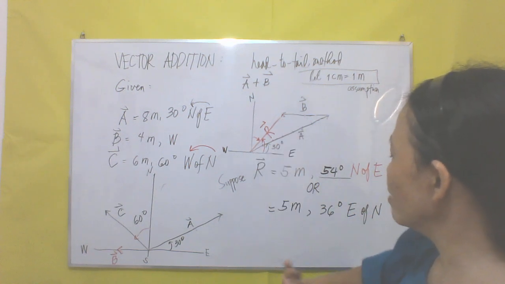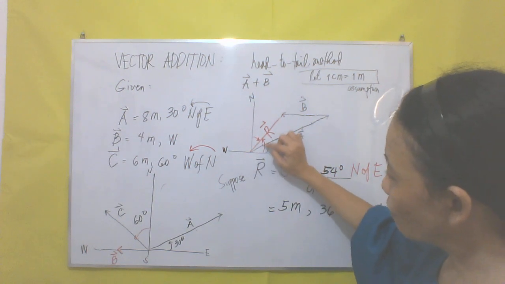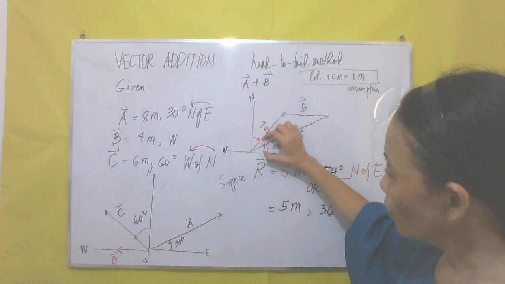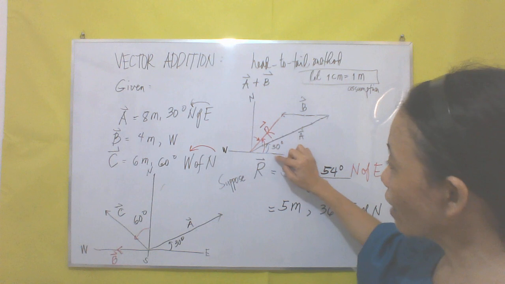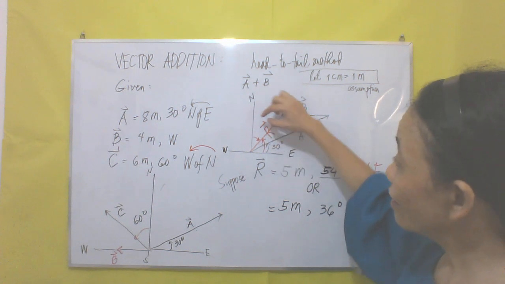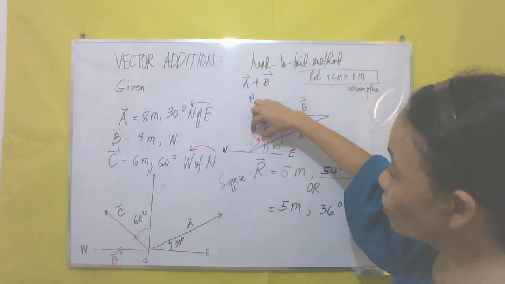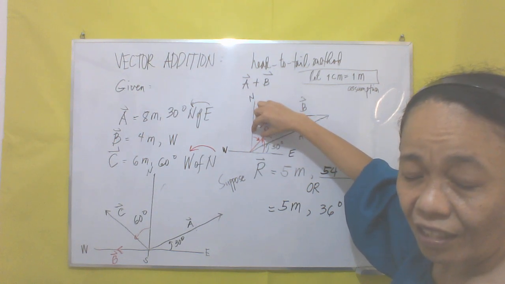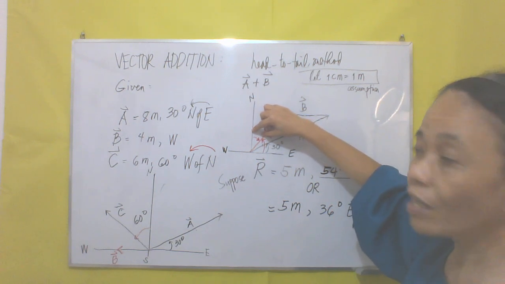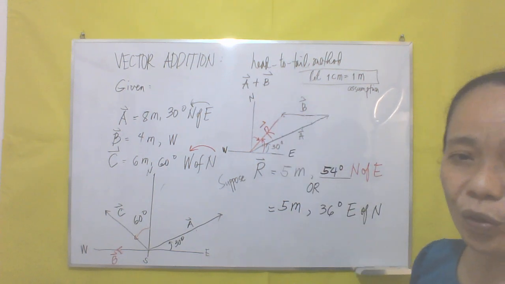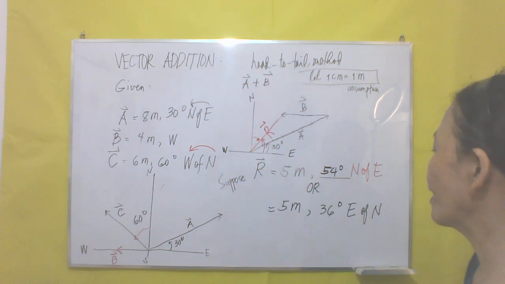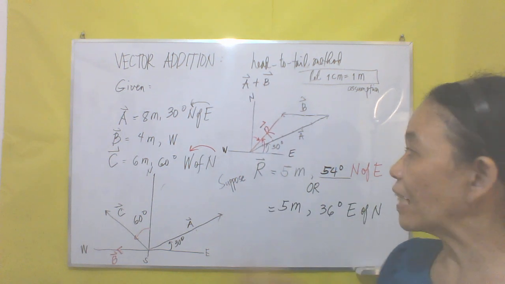If the direction of R with respect to the x-axis is 54 degrees north of east, then we can also represent another direction to be 36 degrees east of north, with respect to y.